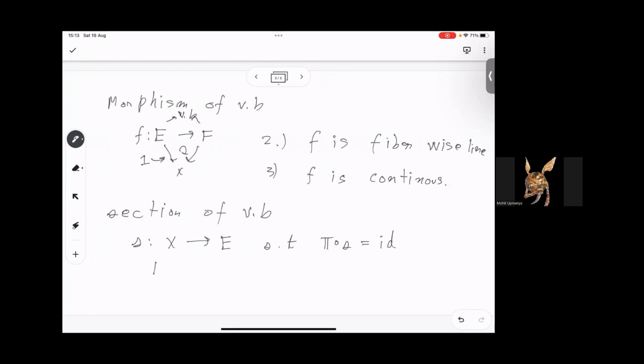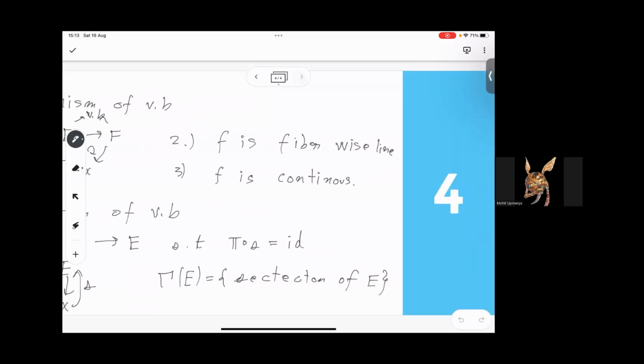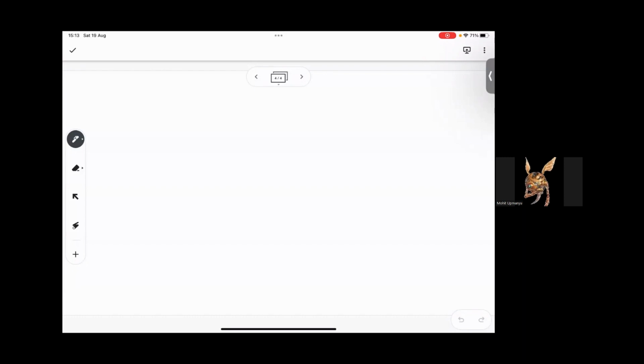So we just had a map like this in the reverse direction, and that is called a section, right? Gamma(E) denotes sections of E, the set of all sections of E.